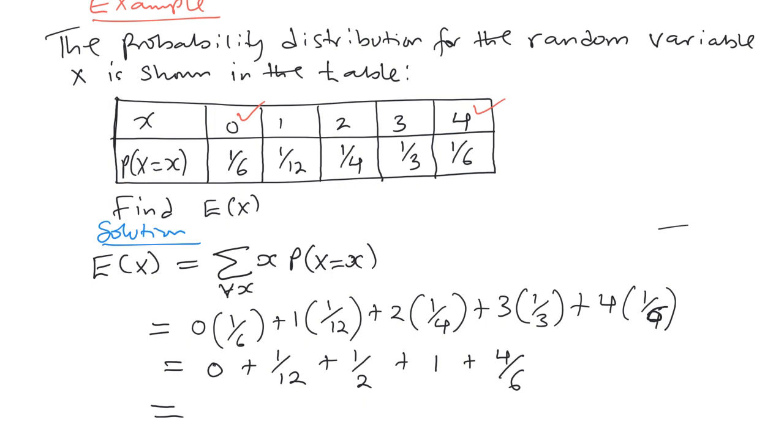What's 1 over 12 plus a half, plus, do the math. So the expectation is 2.25. It is between these two. 2.25 is a value between 2 and 3. So the expectation in this case is 2.25, and we are done. Maybe it may not be clear, let me write it here. It is 2.25. That's the expectation.